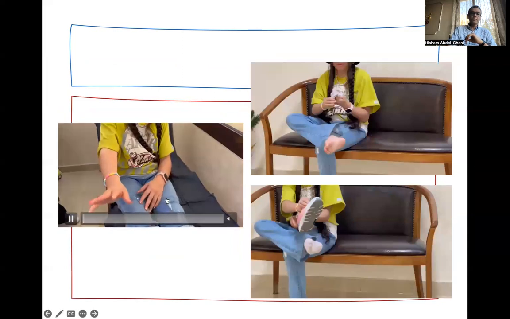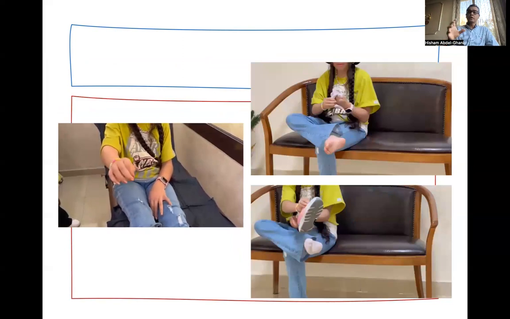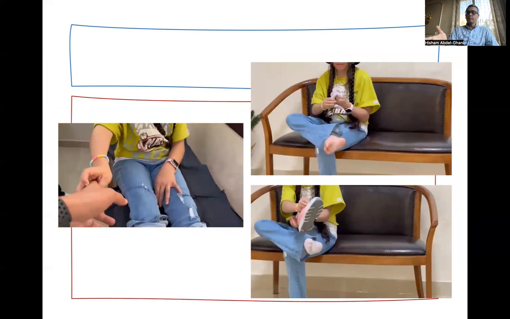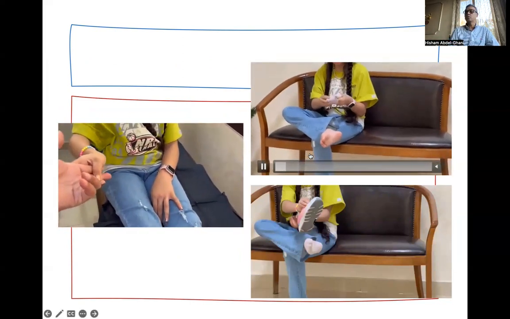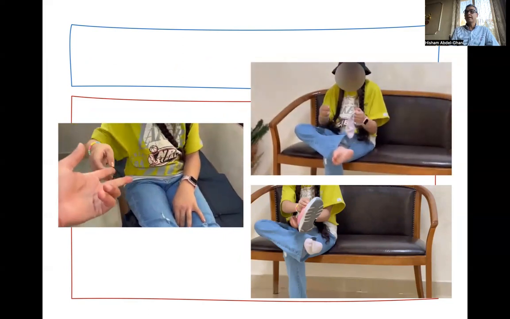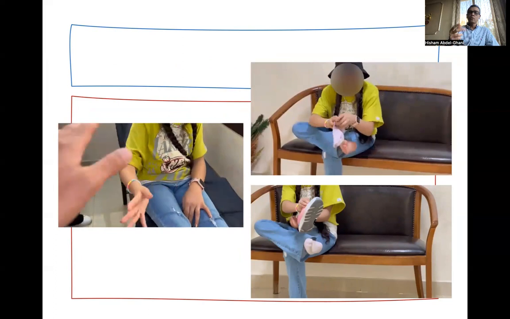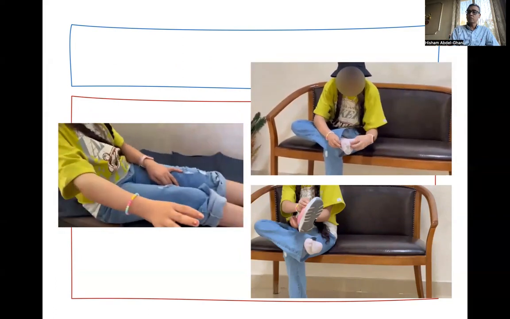So after examination of the patient and asking the patient to do active movement and passive range of motion, we have to see how the patient is using her hands in bimanual activities. Here she is wearing her socks.